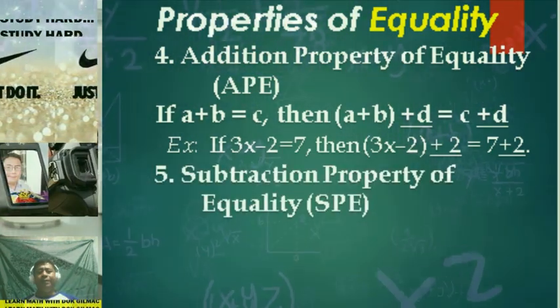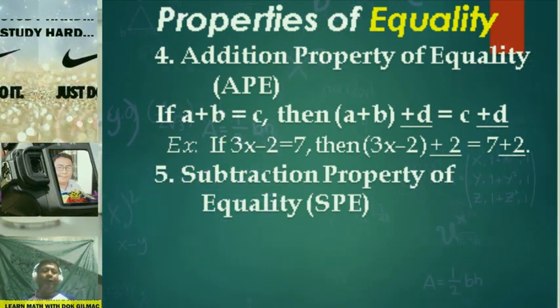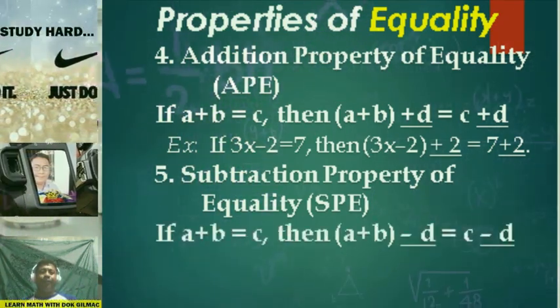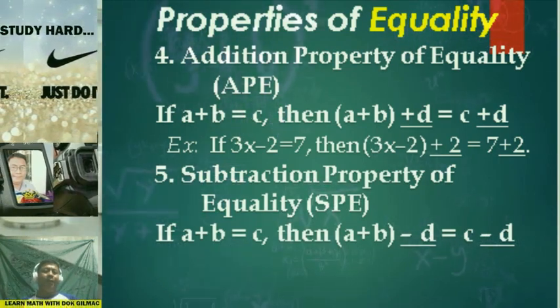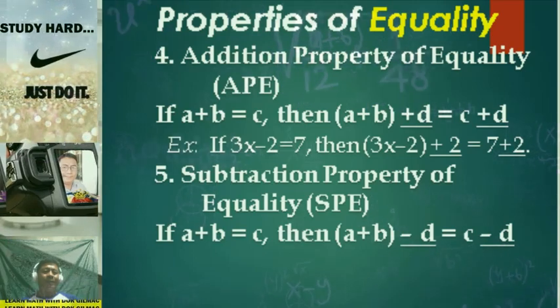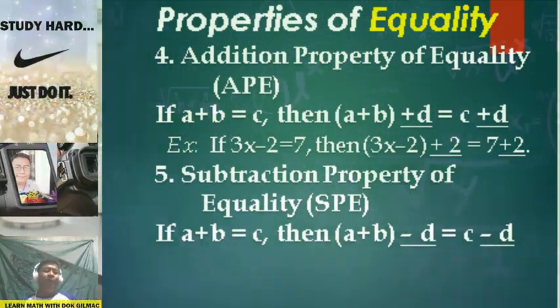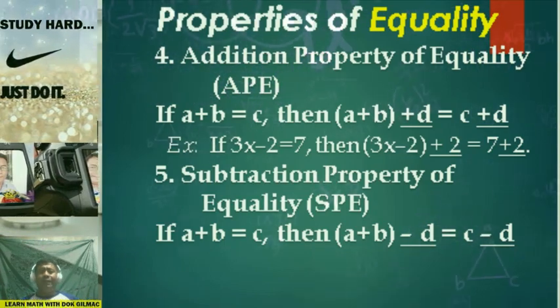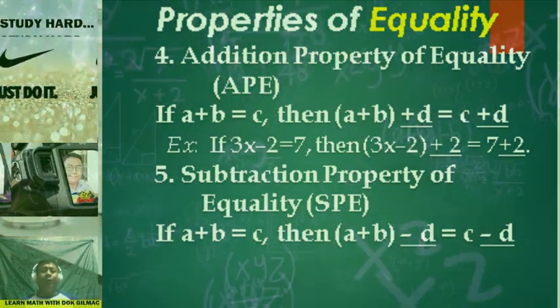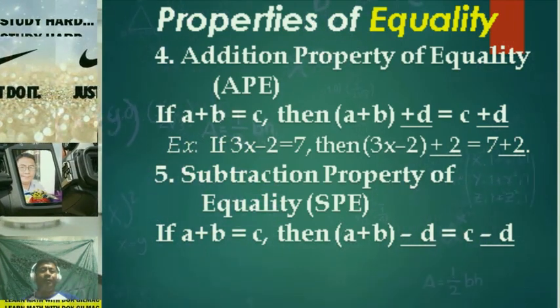Number 5, subtraction property of equality, or what we call the SPE. If A plus B equals C, then quantity A plus B minus D is equal to C minus D. Whatever you subtract on the left side of the equation, you will also subtract on the right side of the equation.